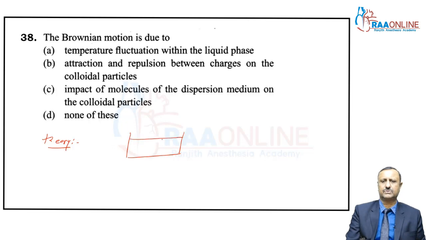This is the colloidal solution, and in this colloidal solution colloidal particles are present, and here you can see the particles of solvent. When a solvent particle collides with this colloidal particle, it goes to this side, and when two particles collide, it goes inside, and when three solvent particles collide with this colloidal particle, it goes in this direction.